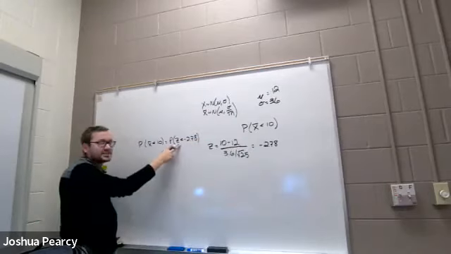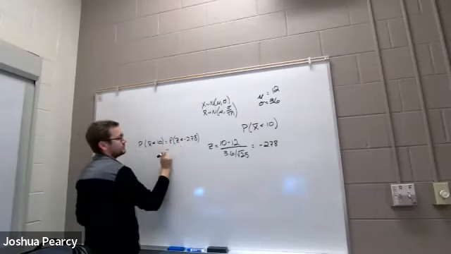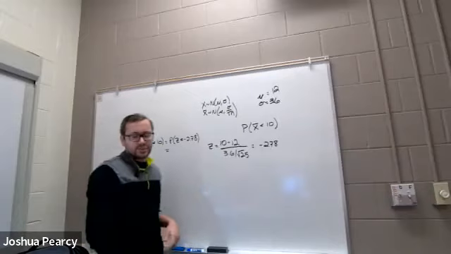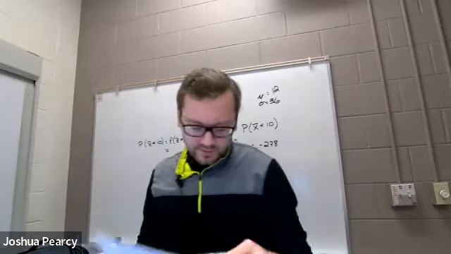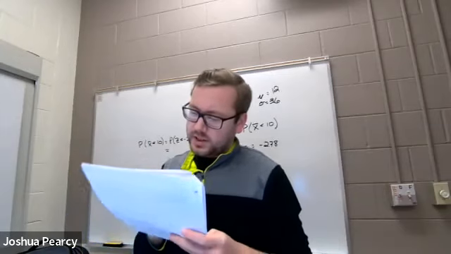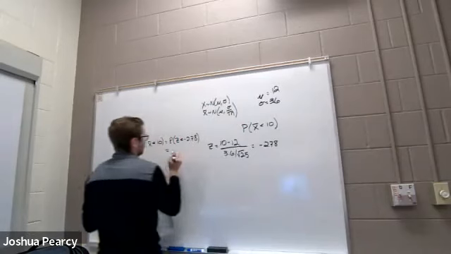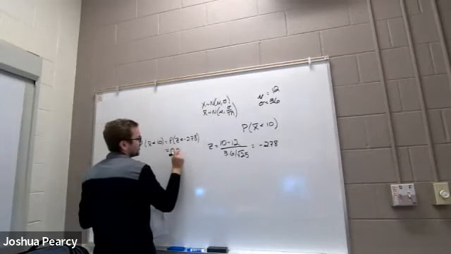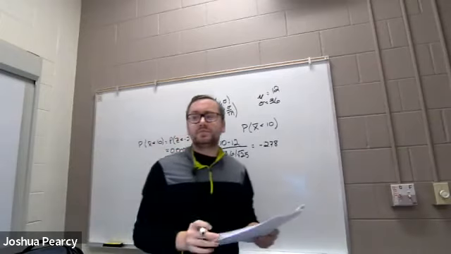And how can you find this area? You look at it in the standard normal table, so you just look for negative 2.78. And the area to the left of that is 0.0027. That's the answer to the first part.